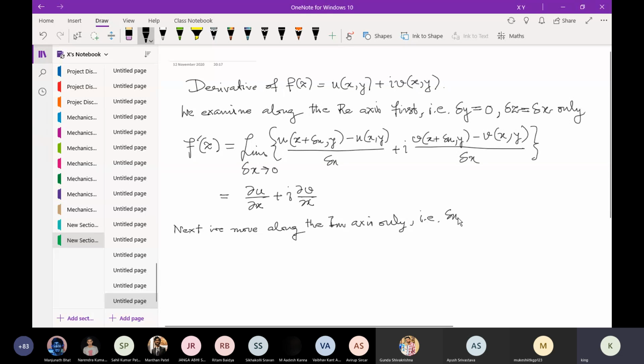That is, this time we'll have my delta z, whereas my delta x will be permanently set to 0. So you do the same thing. Sorry, this will be delta y.